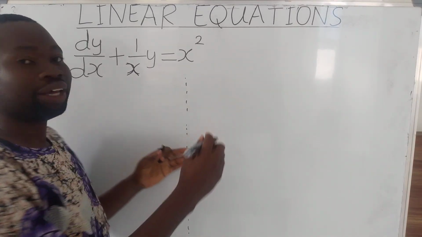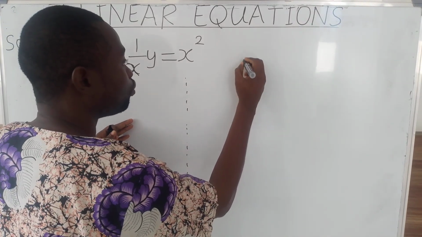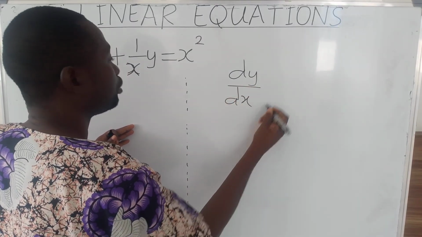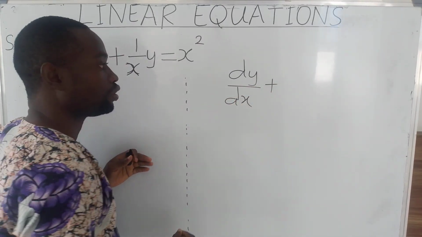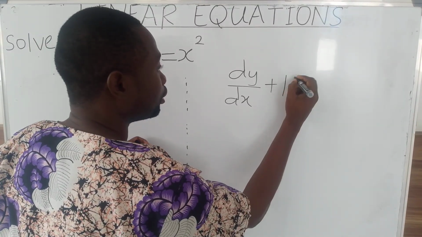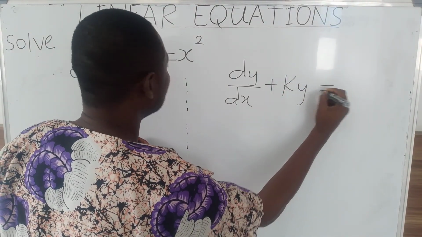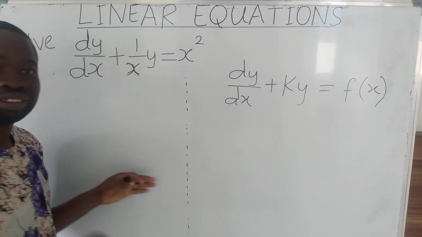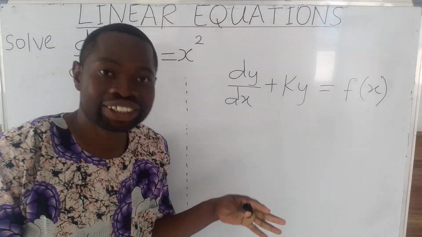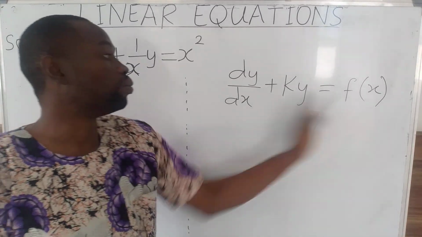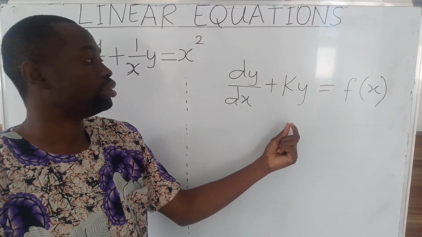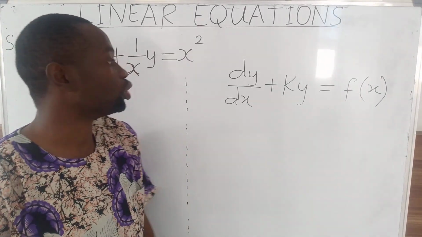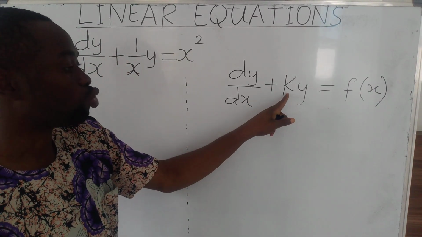whenever you have any question in this form, dy/dx plus maybe ky is equal to f of x, whenever you can express any differential equation in this form, then this is what we call a linear differential equation. k is the coefficient of y.